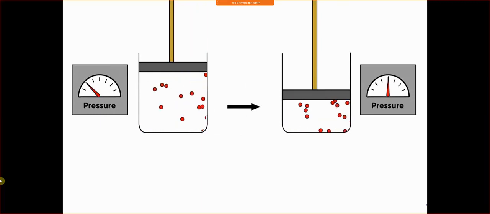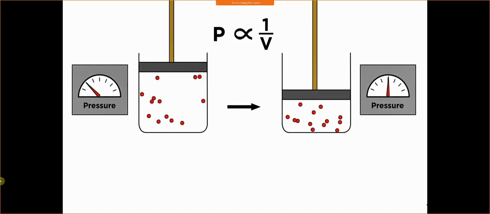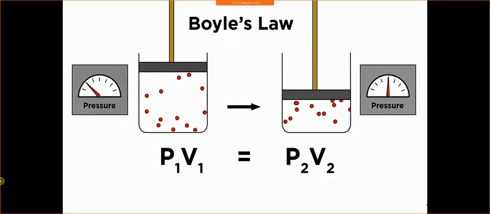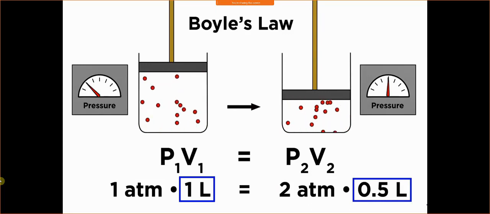The particles will be hitting the sides more often because there is less distance to travel to hit a side. That means that pressure and volume are inversely proportional. If one goes down, the other goes up. This is expressed in Boyle's law, P1V1 equals P2V2.